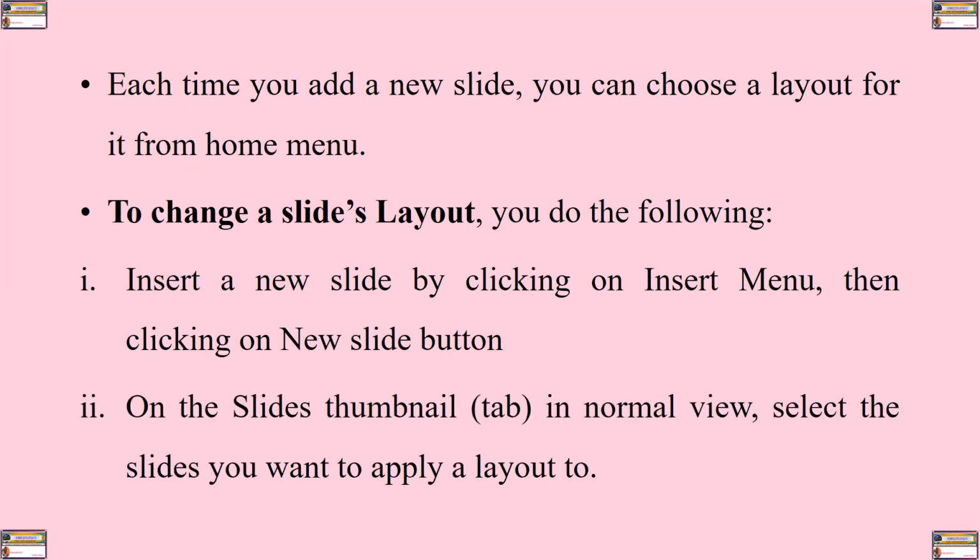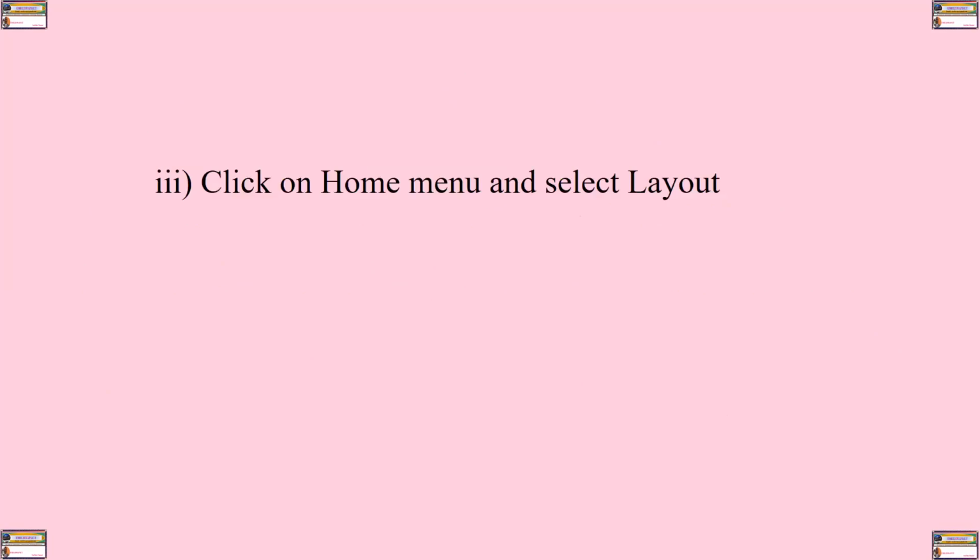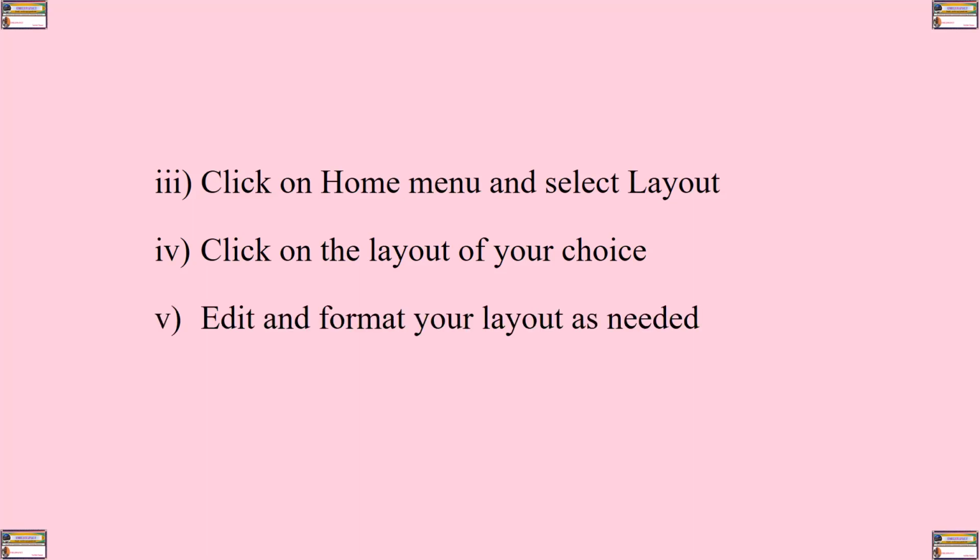Then on the slide's thumbnail in normal view, select the slides you want to apply the layout to. Number 3, click on the Home menu and select Layout. Number 4, click on the layout of your choice. Then edit and format your layout as needed.